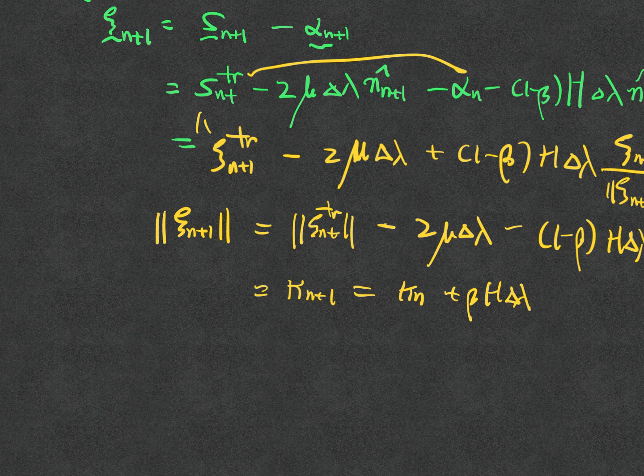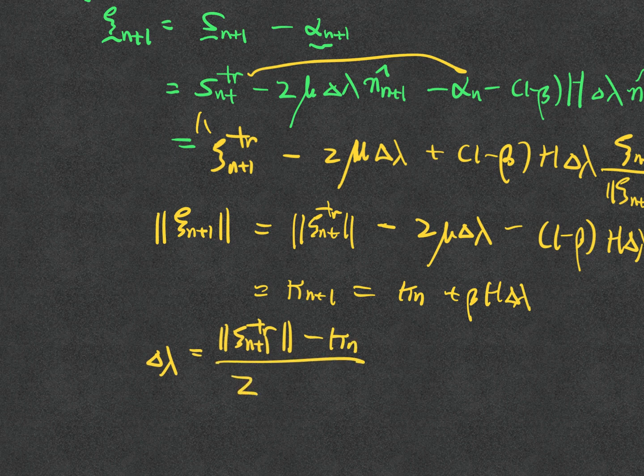If I actually see that from the radius point, so delta lambda is actually equal to the trial f n plus 1 minus k q n divided by 2 times shear modulus plus the hardening modulus. So if h is actually constant, I can simply update delta lambda. Okay, so far so good.